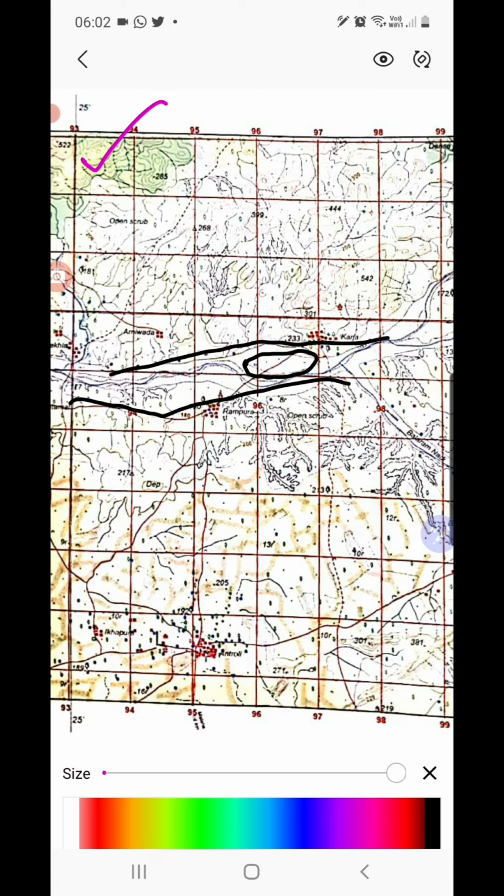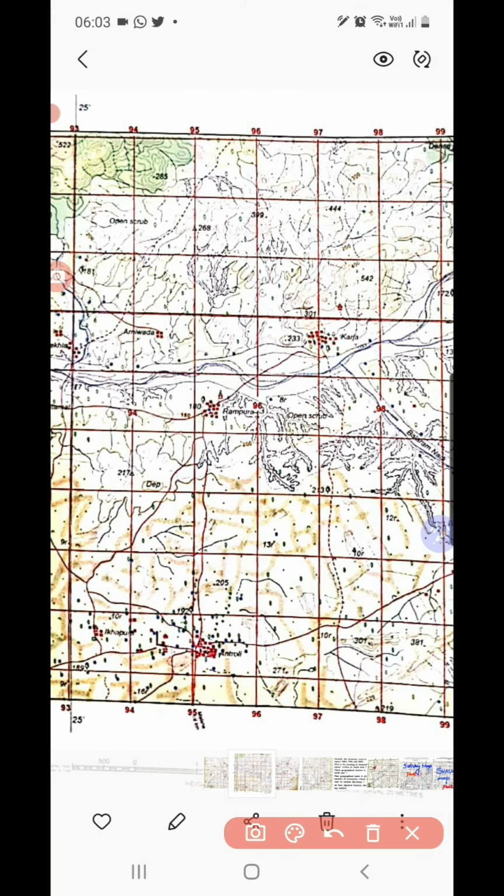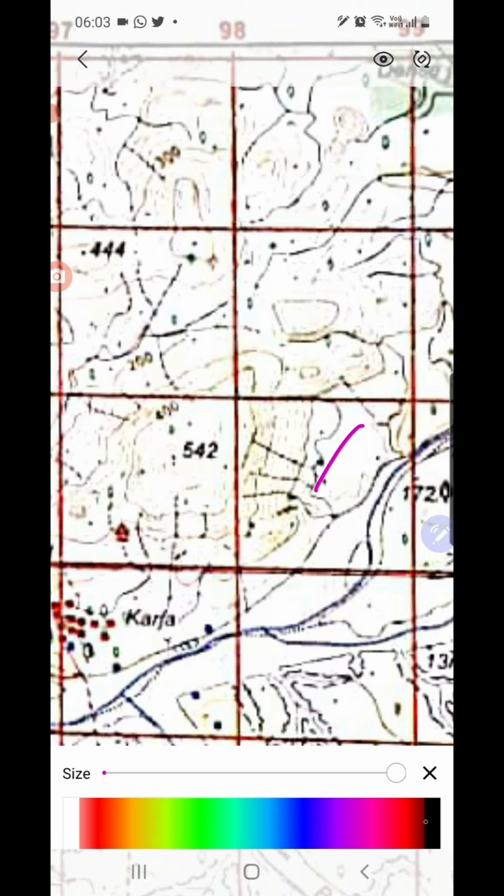Now if you observe very clearly, you can see the contour lines here, at the 542 spot height. In your textbook it will be more clear. This kind of figure with a number of brown lines, always remember, is contour lines.